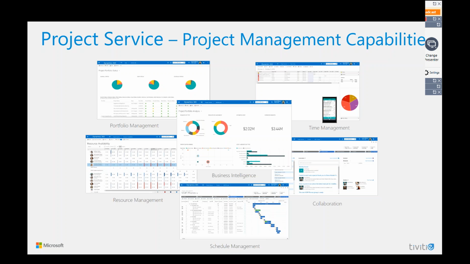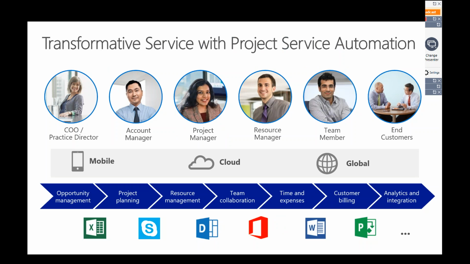And it really has benefits for everybody in the process. As I had mentioned, the COO and the practice director gets value out of this. And one thing we didn't really mention, the account manager, the person responsible for the customer relationship, right?